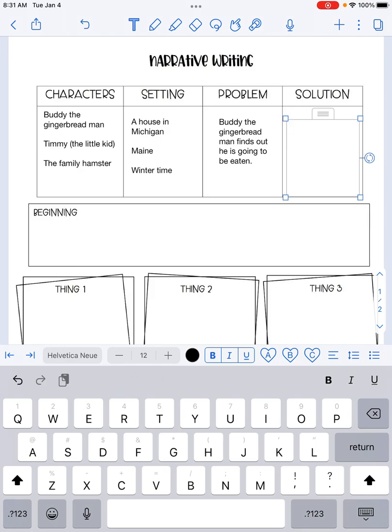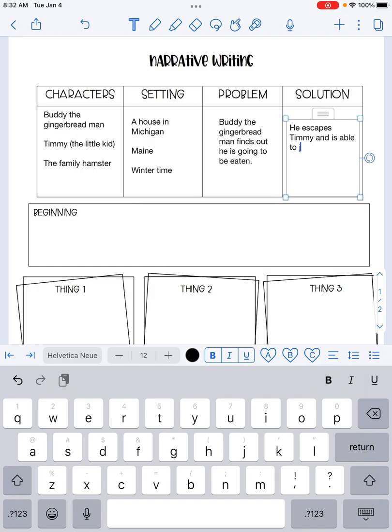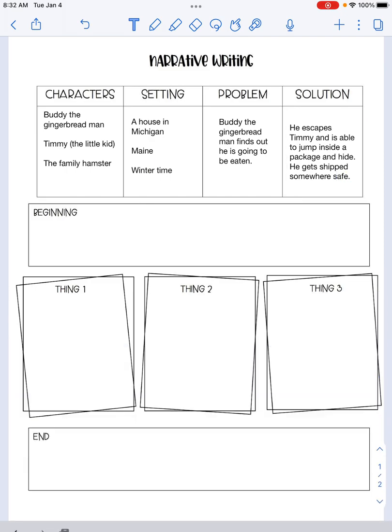So the solution is going to be he escapes the house, and I decided that I want him to jump inside a package and get mailed to someone else. Maybe I'll say he escapes Timmy and is able to jump inside a package and hide. He gets shipped somewhere safe. Okay, that's how my story is going to end.